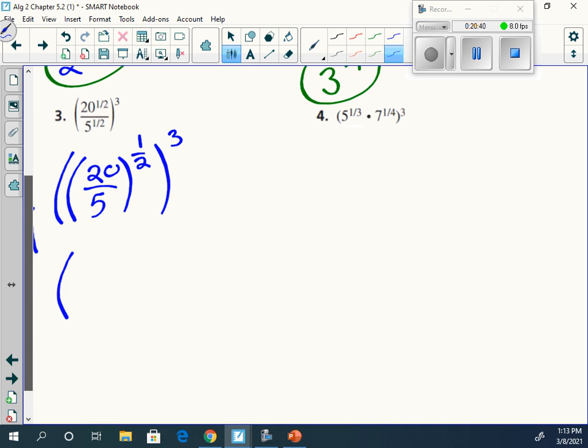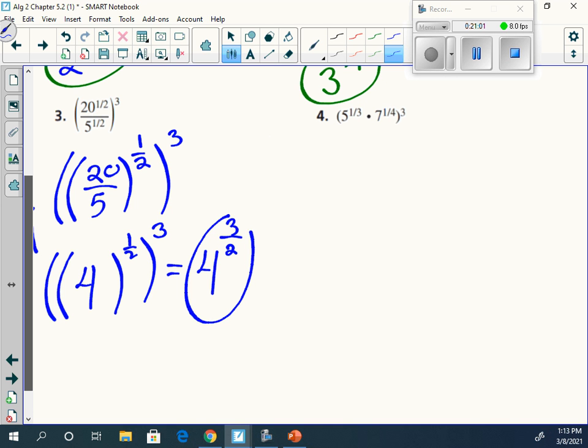Well, that works out because 20 divided by 5 is 4 to the 1/2 to the 3rd. Now powers of powers multiply, giving us 4 to the 3/2.